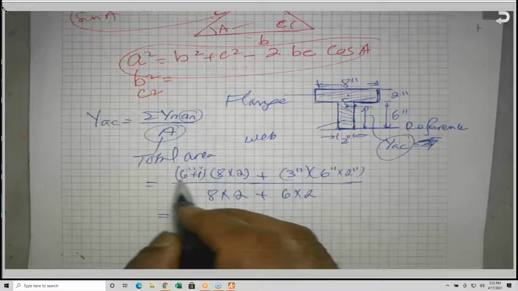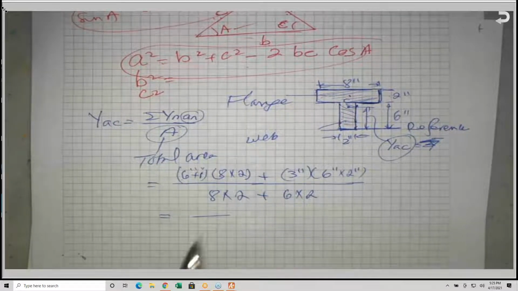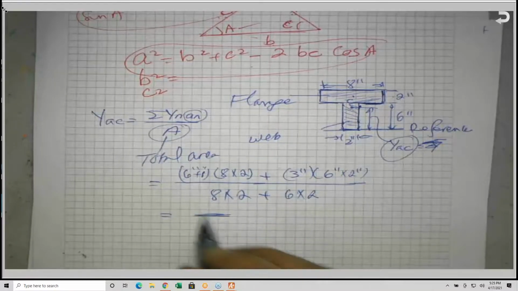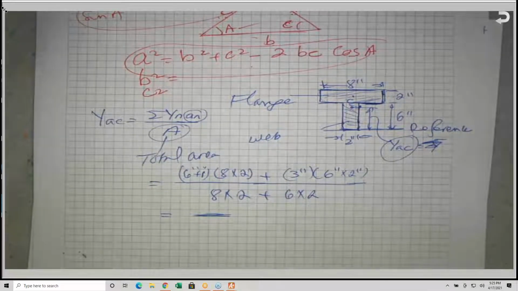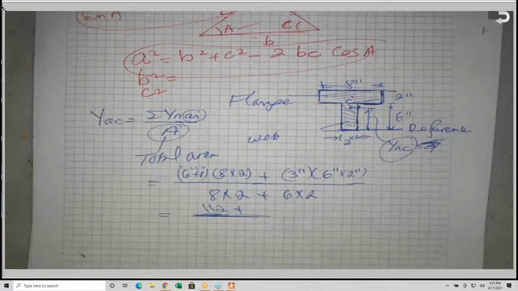So if we'd like to get some numerical values, it is 7, enter, 8 times 2 times 112, plus 3, enter, 6 times 2, which is 36.